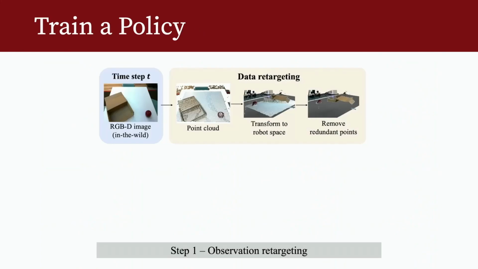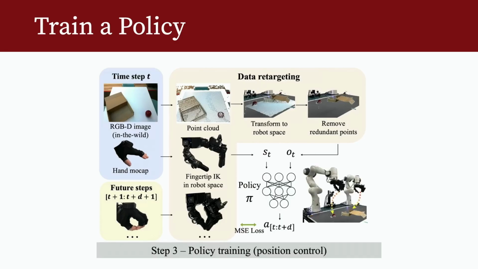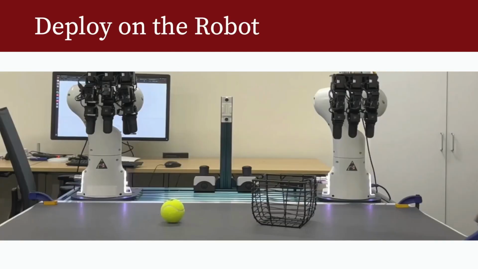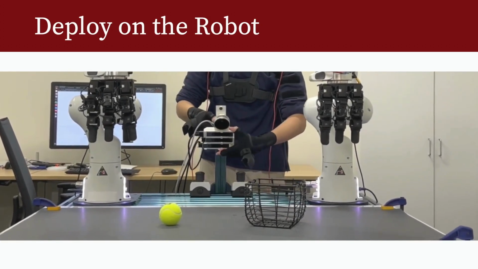And then we retarget the demonstration to fit the robot's kinematics. We retarget both the actions and observations from the human data, and then train a diffusion policy. And we can now deploy this policy on the real robot like that.